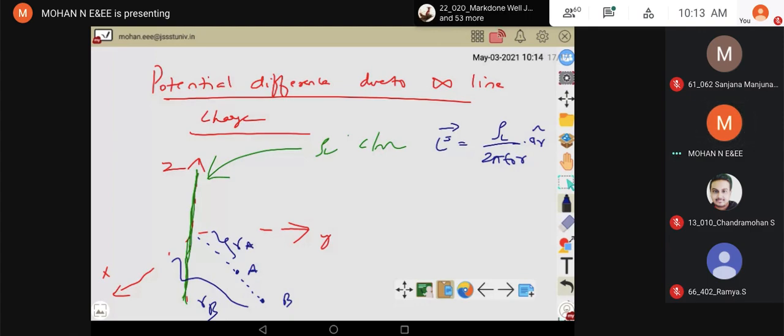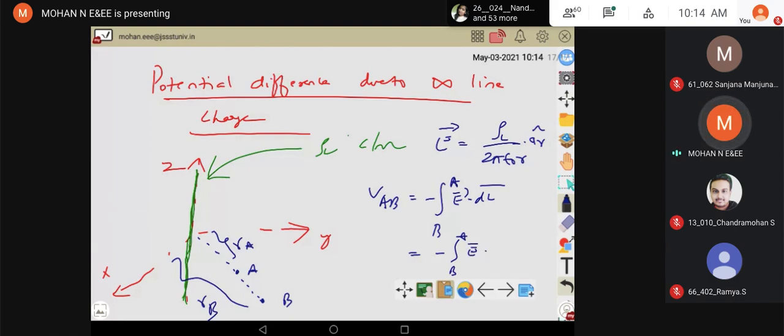So your potential difference now, VAB is equal to minus integral from B to A of E vector dot DL vector. DL vector is the distance vector, which will be along the radius, that is radially. So it is nothing but dr into AR cap.